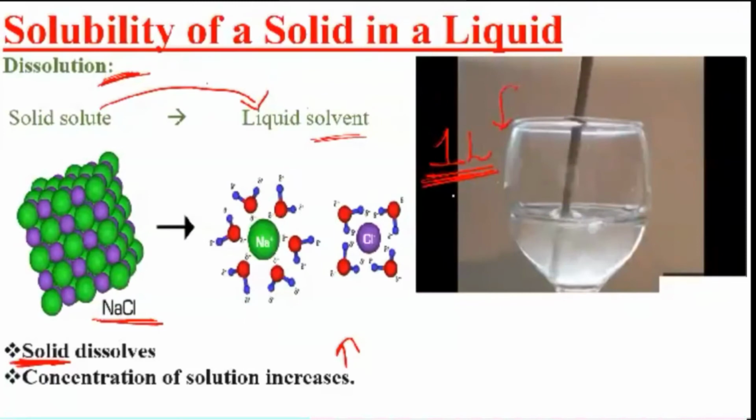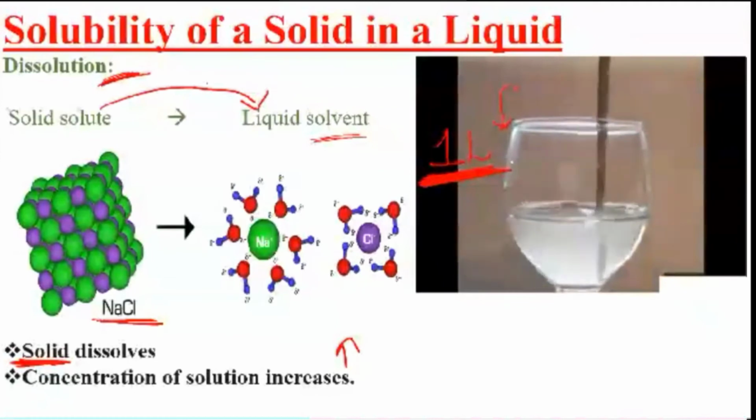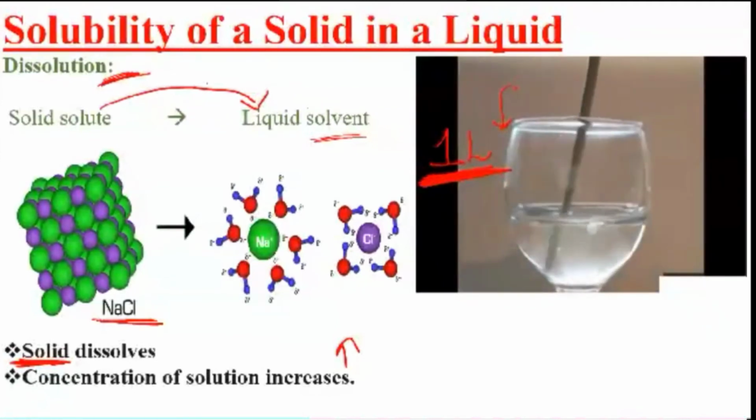That is solubility. So I can say solubility is actually the outcome of the dissolution. First dissolution takes place, and then the maximum solute which gets dissolved in 1 liter of the solvent at a particular temperature is called solubility. Got the difference between dissolution and solubility?